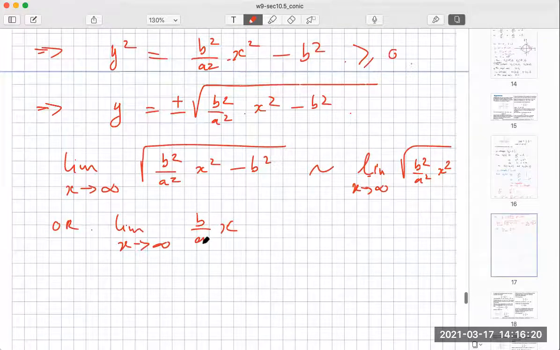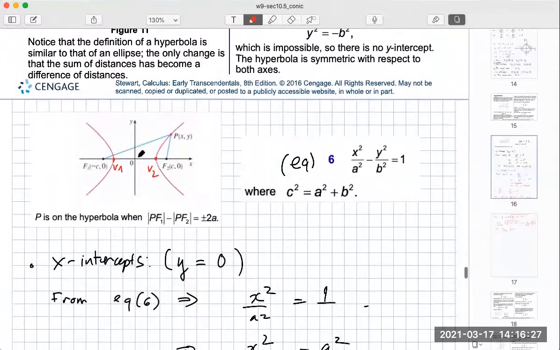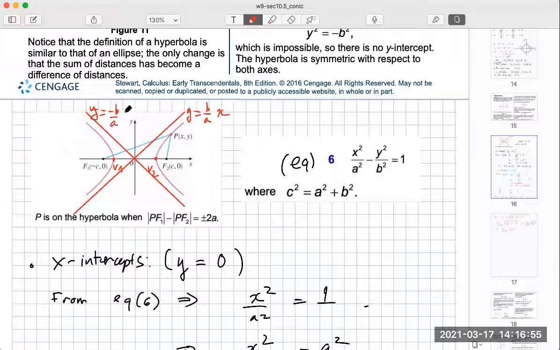Can we go back to the figure? Can you follow it? Look at this. This is the red line, y is equal to b over a x, and here y is equal to negative b over a x.